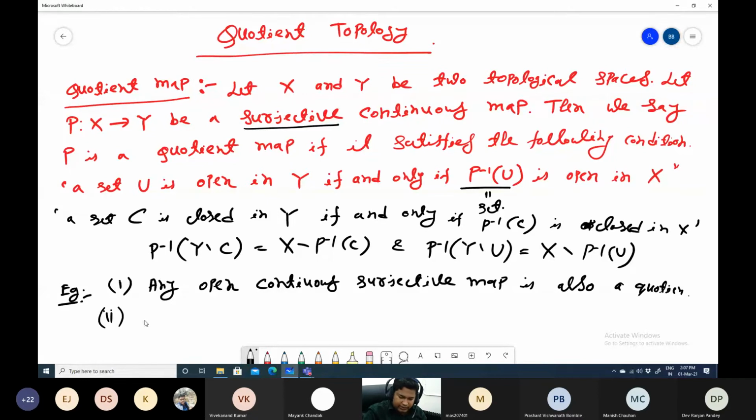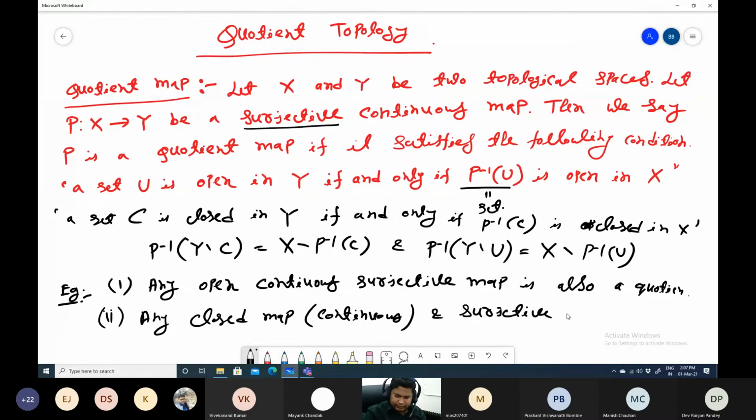Similarly, you can say that any closed map. Map means generally we consider continuous, and surjective also. A surjective closed map is also a quotient map.